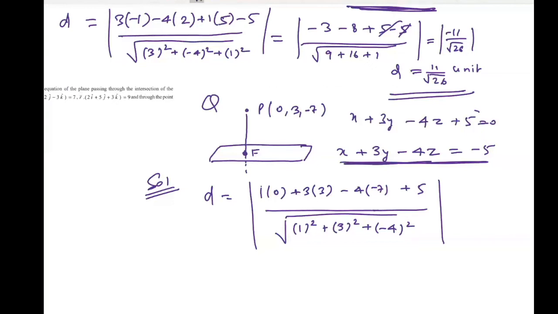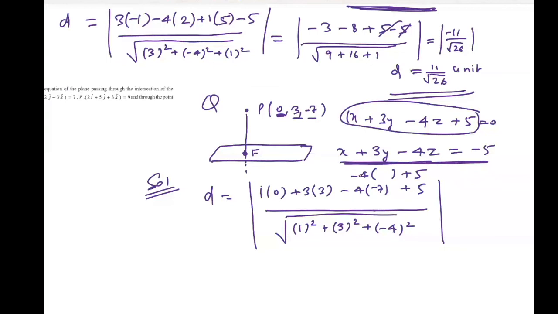What we do, we write 1x, but instead of writing x you will write the point, then 3y, then minus 4z. So instead of these x, y, z, you have to write the point coordinates, plus 5, that is the same thing, nothing new, divided by root of a square plus b square plus c square.